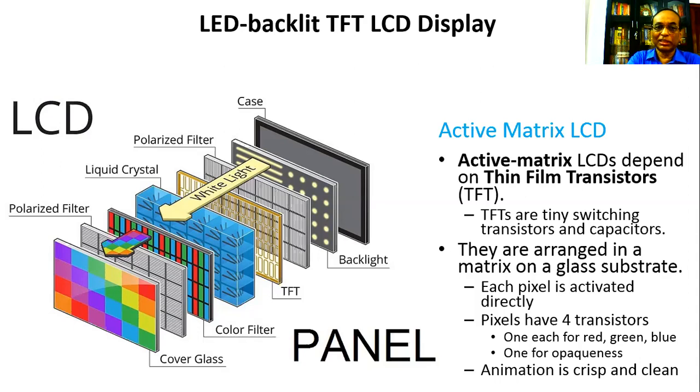Active matrix LCD depends on thin film transistors, as I already mentioned. Thin film active matrix LCD means there will be thin film transistors, and all the LCD crystals will be driven by them. TFTs are tiny switching transistors and capacitors. This is a combination of a capacitor and the stray capacitance of the liquid crystal, which is the resultant capacitance. They are arranged in a matrix on a glass substrate.